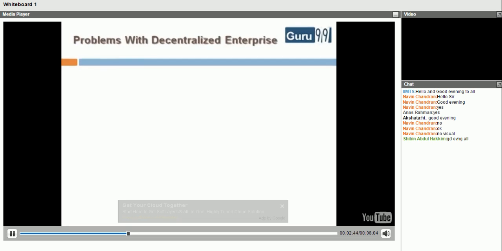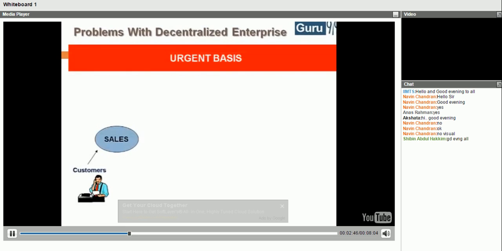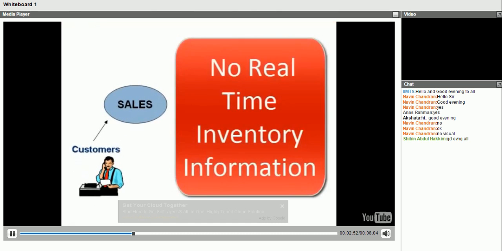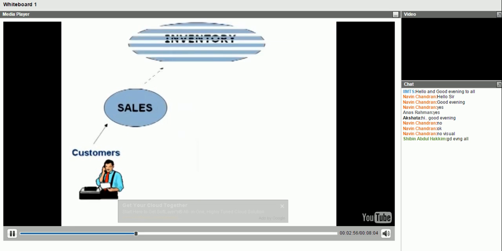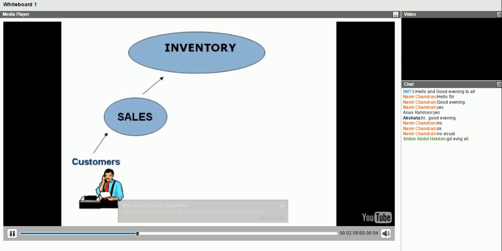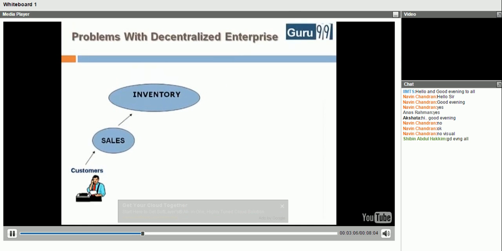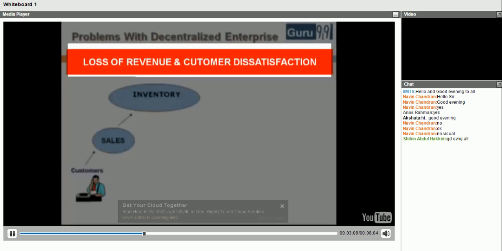The customer approaches the sales team for a product, but this time he needs the product on an urgent basis. The sales team do not have real-time information access to the product's inventory, so they approach the inventory department to check the availability of the product. This process takes time and the customer chooses another vendor, leading to loss of revenue and customer dissatisfaction.